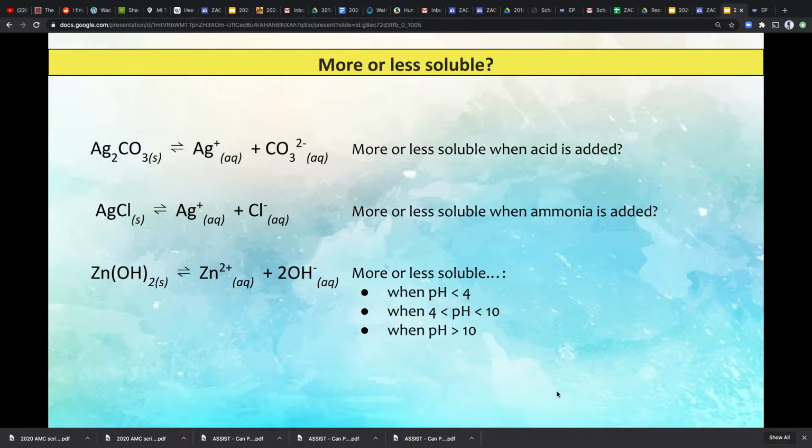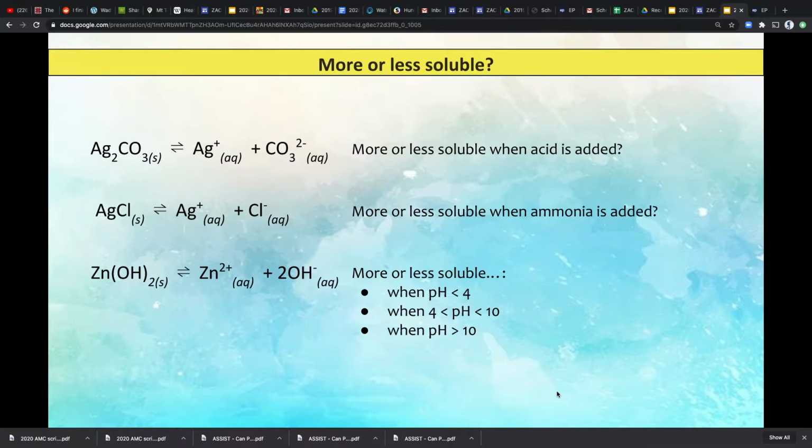And thus more zinc hydroxide would dissolve because OH ions are being used up, similarly to what I think Ellie said for the first one, shifting equilibrium to the right towards the products to replace those hydroxides that might have been consumed in that neutralization reaction. Yeah, so that's a really good answer for what happens when the pH is acidic, less than 4.